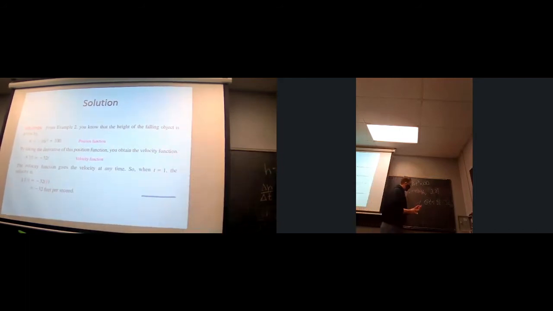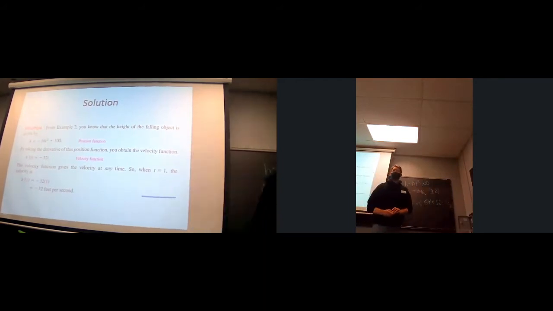Having said that, we had our position function, we found our velocity function, we plugged in 1, we got negative 32 feet per second. Everybody cool with this idea? Okay.